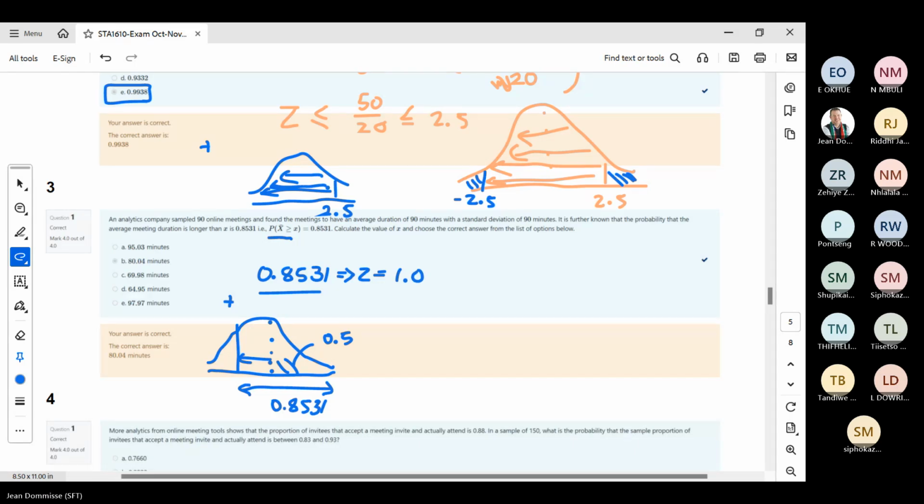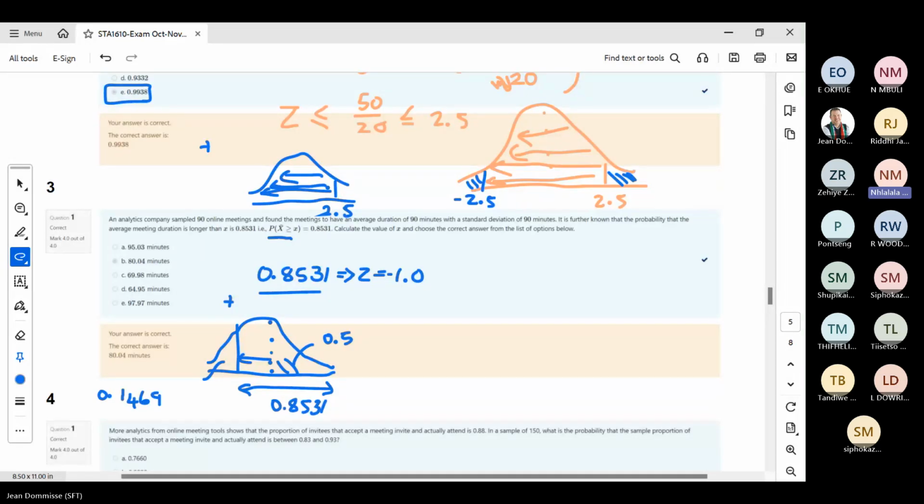1.0. Yeah. Okay, so then check for me on the negative table where it is negative 1.0. At 0.0 at the top, that is 0.1587.